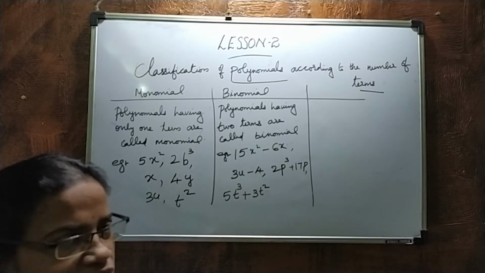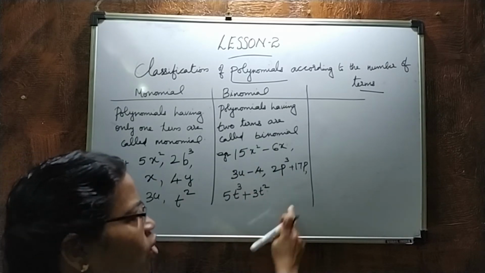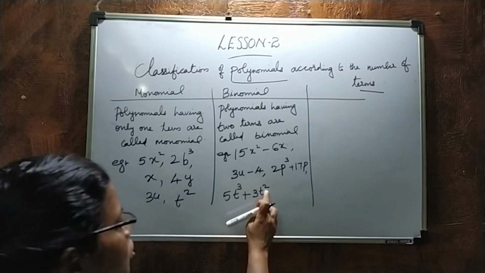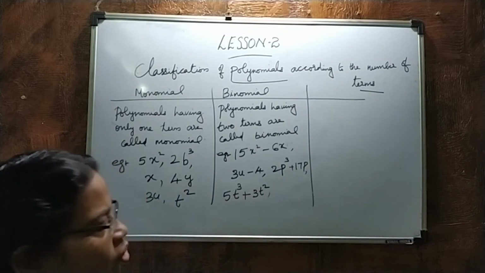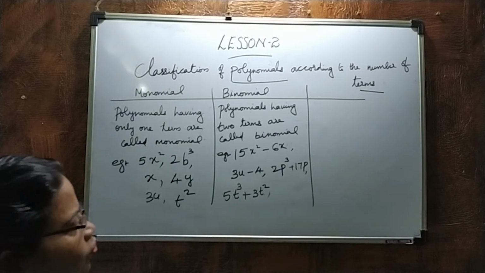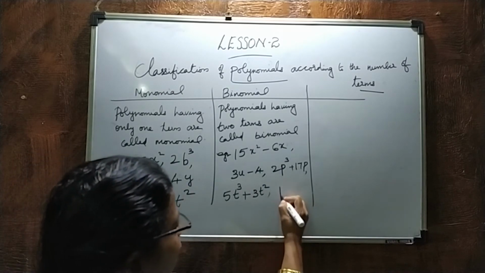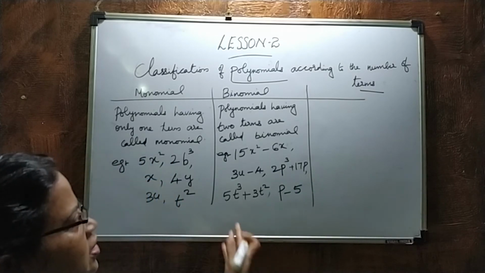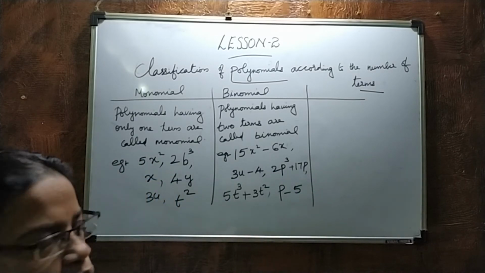These two only are there. What I just wrote was wrong. Again we can write p minus 5. So these are the examples for the binomial.